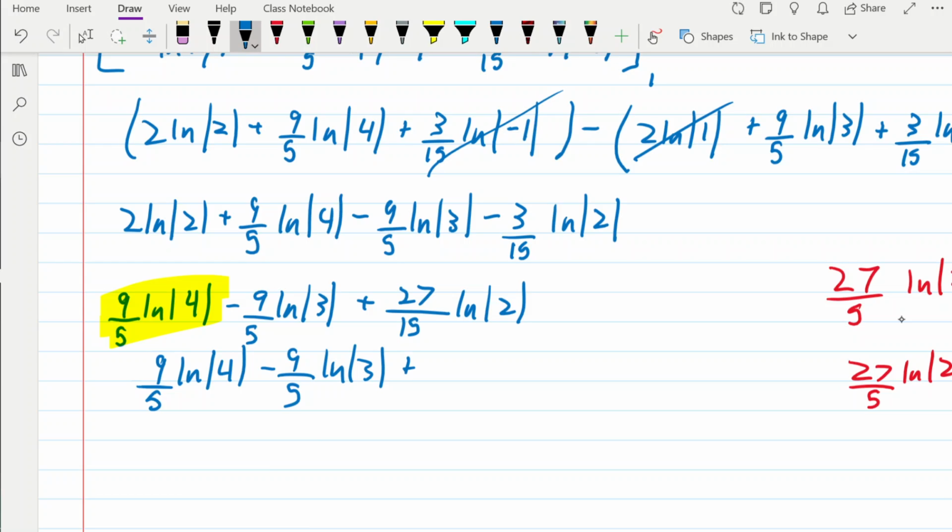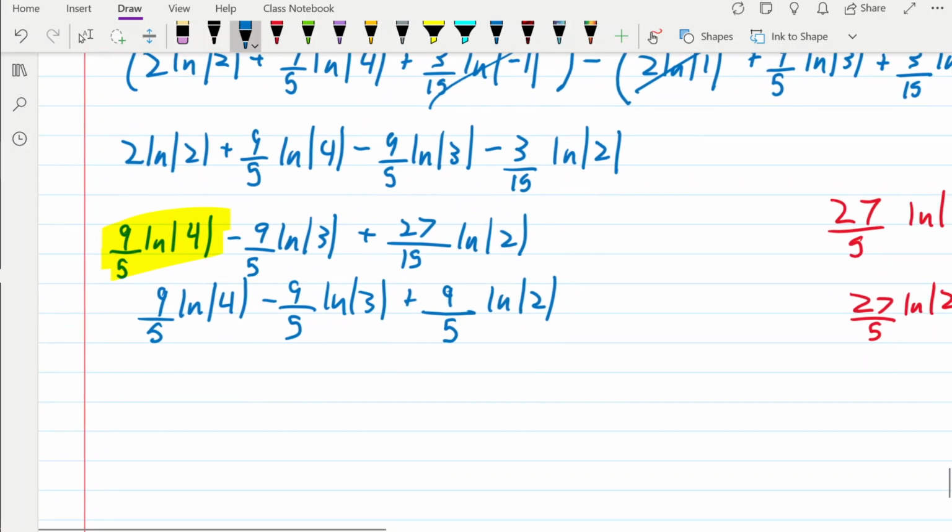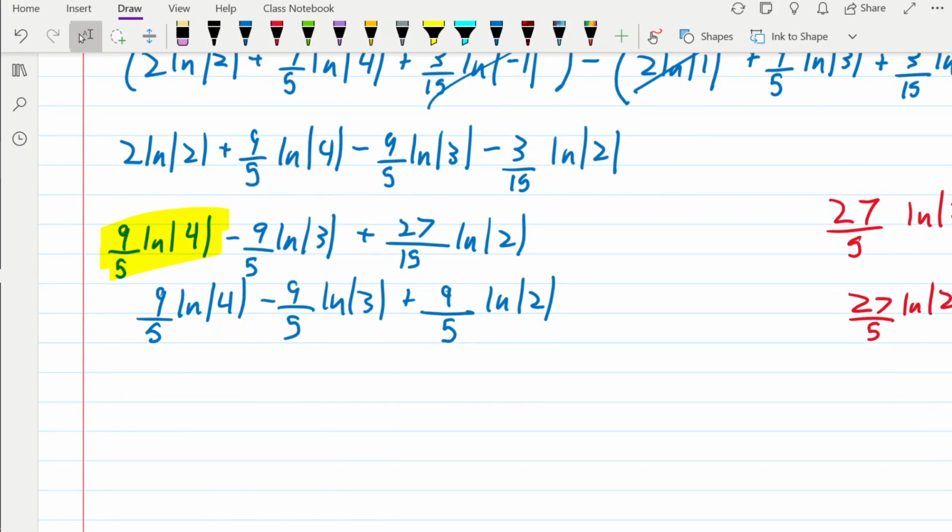So 27 divided by 3, that equals 9 over 5 ln of 2. Okay, so then comes the issue of how do we deal with these?